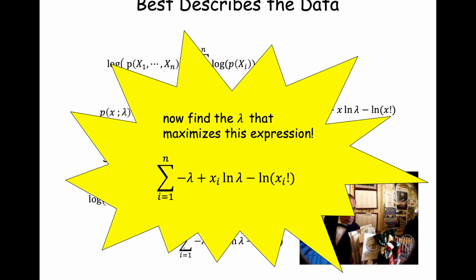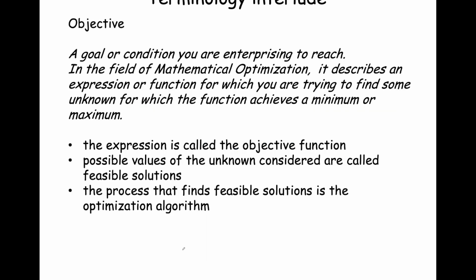So how are we going to do that? Well, let's take a little segue to talk about some terminology from optimization. In optimization, an objective refers to some goal or condition that you're trying to reach. Mathematically, it's an expression or function, and you're trying to find some unknown for which the function achieves either a minimum or a maximum.